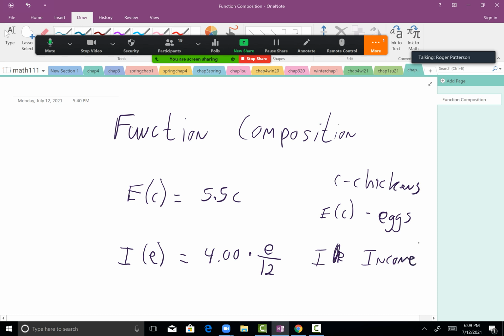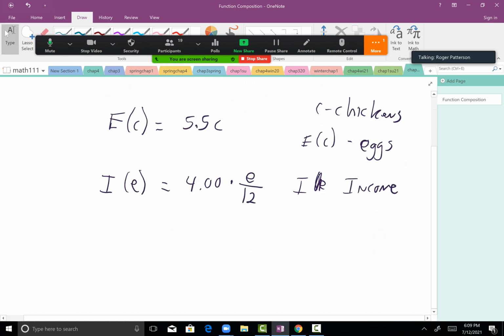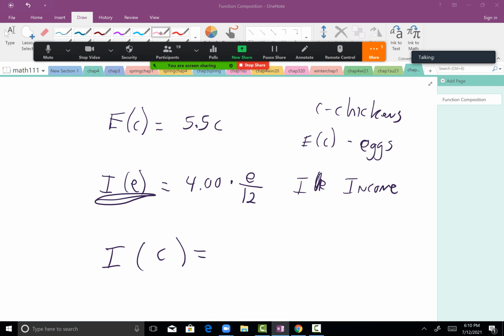All right, so here's what I want to do. I'm going to find the income in terms of the number of chickens that I have. Right here I have the income based on the number of eggs that I have, but what I really want to do is base it upon the number of chickens. So the number of eggs comes from this function.